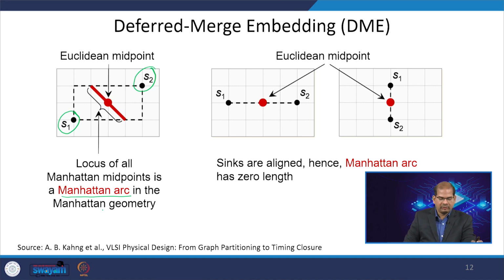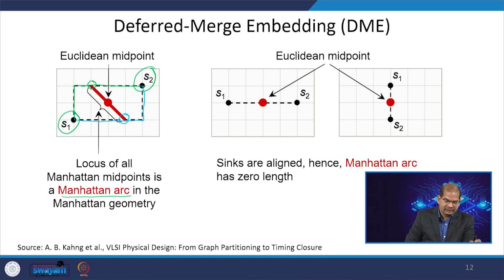What are the possible routings here? Let us say I route in this manner. This is one possible routing, and this is the midpoint. Another possible routing goes from here like this, and this is the midpoint. How is this the midpoint?